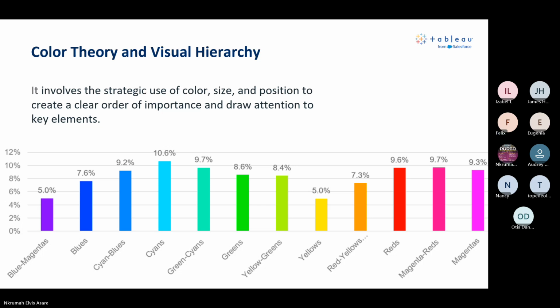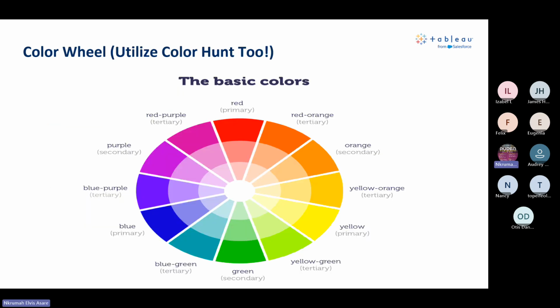Right. So aside from the color theory, we looked at how to combine the colors, which colors to use, how you draw people's attention. I advise that when you're using colors, show contrast and be consistent and uniform in your colors so that people are able to see the information you're conveying very well. Aside from that, we looked at the color wheel, a basic understanding of colors.